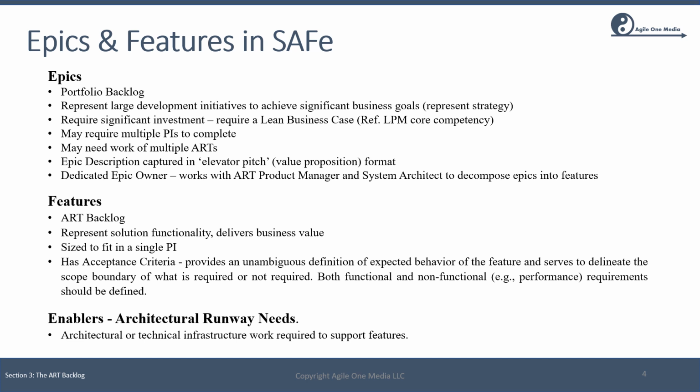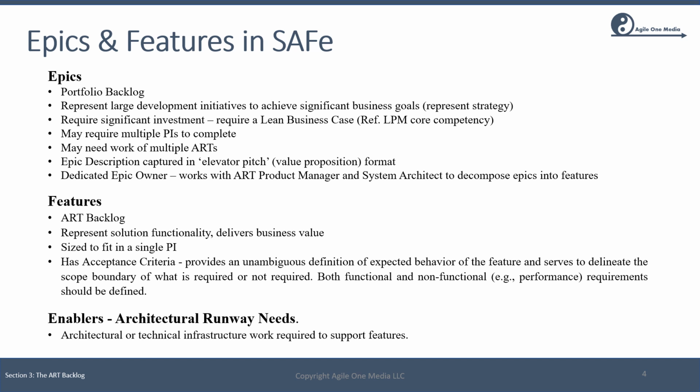They represent solution functionality. They're sized to fit in a single PI. So for a feature, the intent is not to have features roll over multiple PIs, but to be scoped to fit in a single PI. Features have acceptance criteria, that is, we have an unambiguous definition of expected behavior, which serves to delineate the scope of what is required or not required.